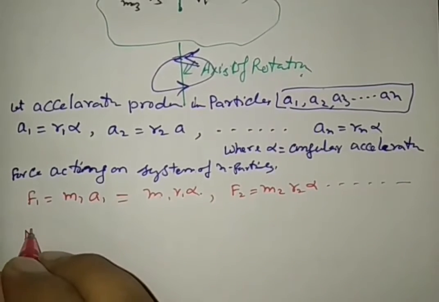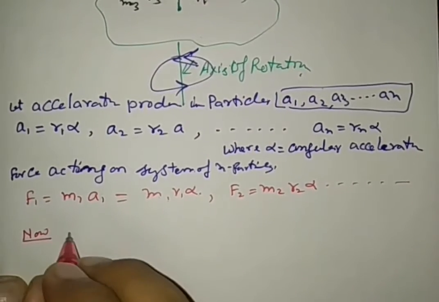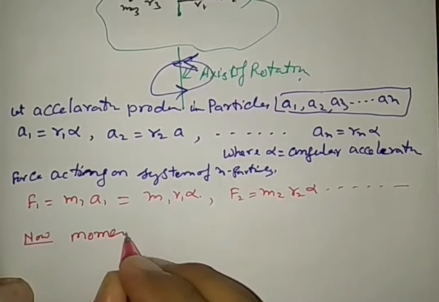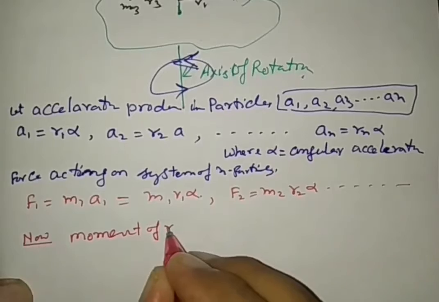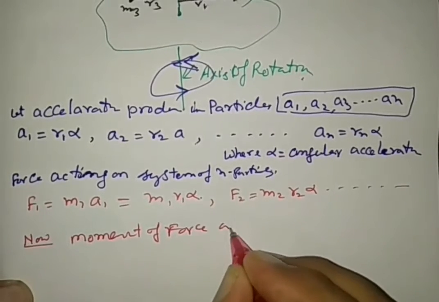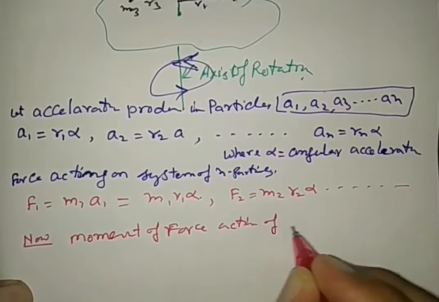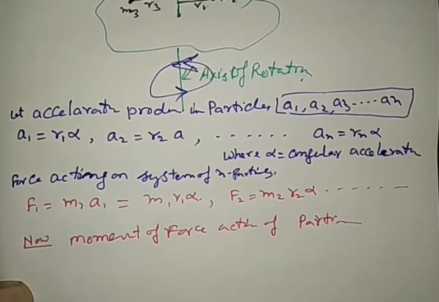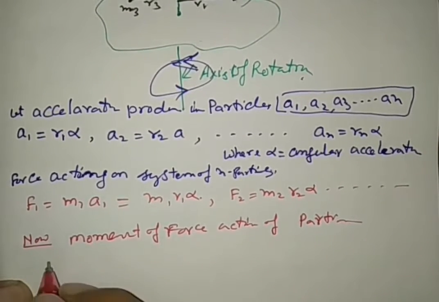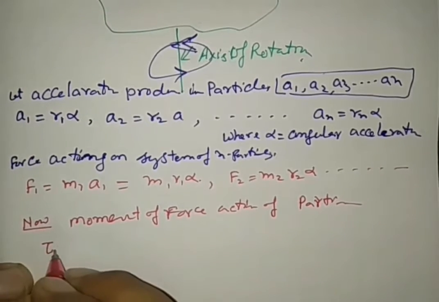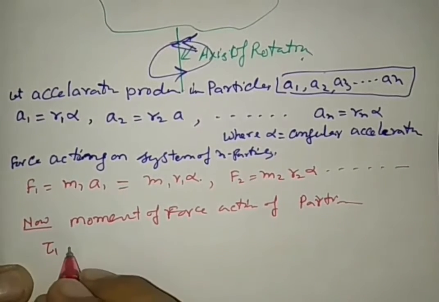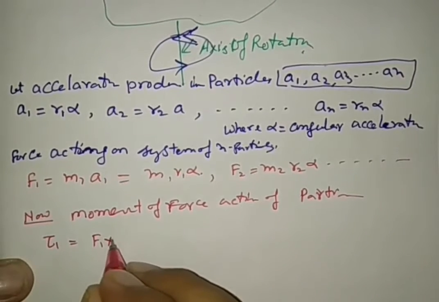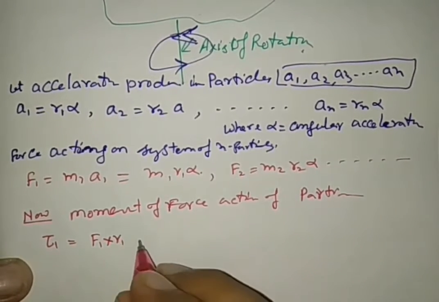Now see carefully. The moment of force acting on the first particle, denoted by tau1, is equal to force into distance.